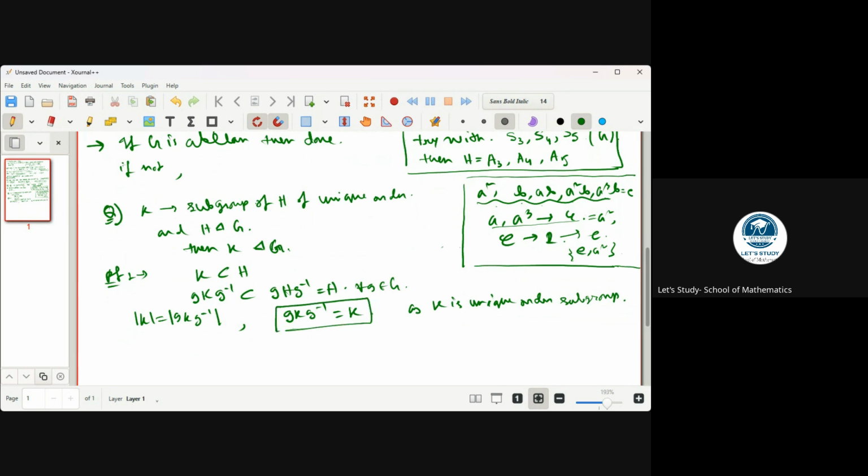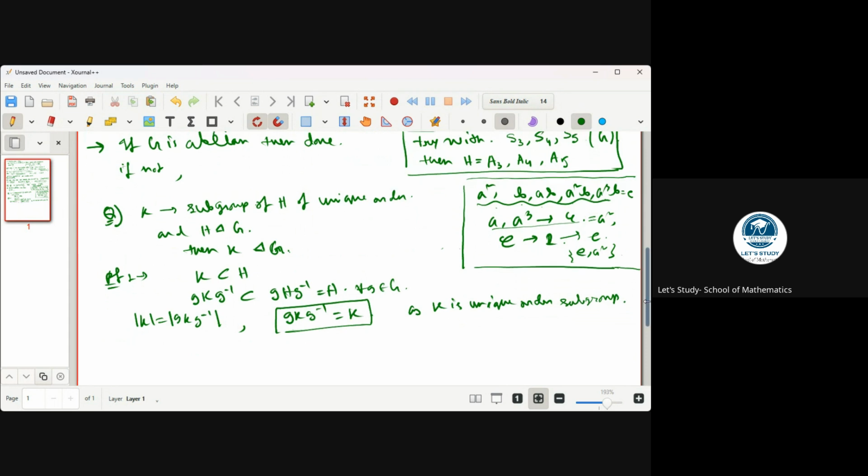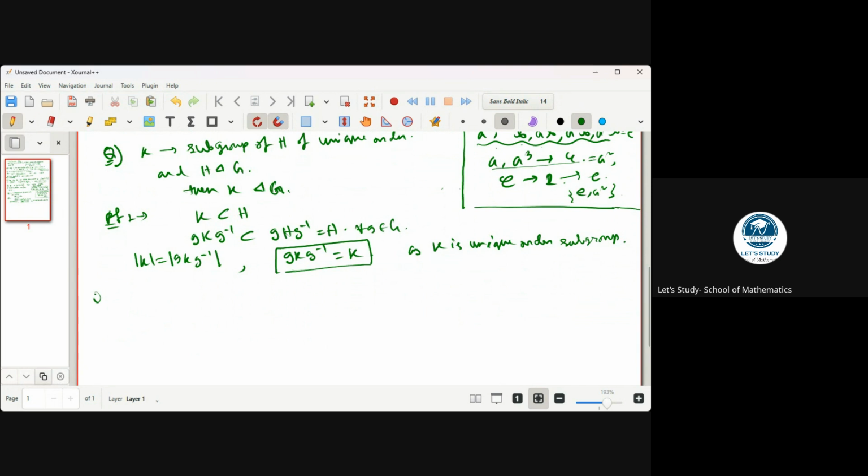So this is a very important statement. K is a subgroup of H of unique order, and H is normal in G, then K is normal in G. Now can you tell me that identity comma square is normal in D8?